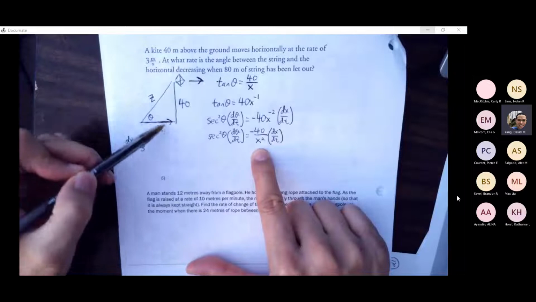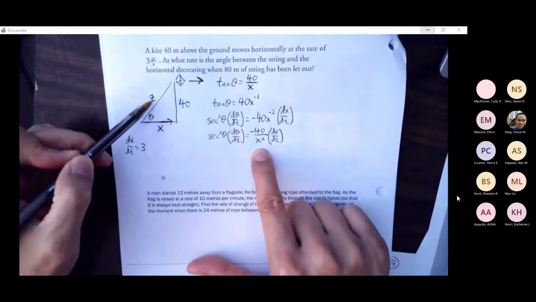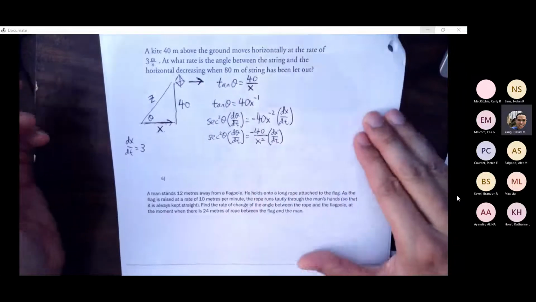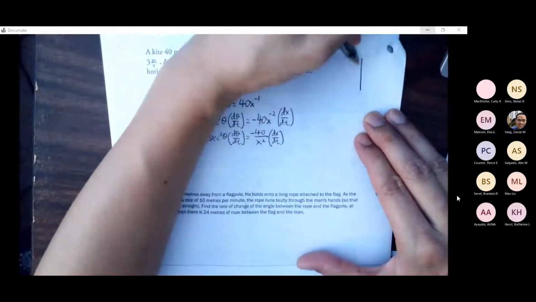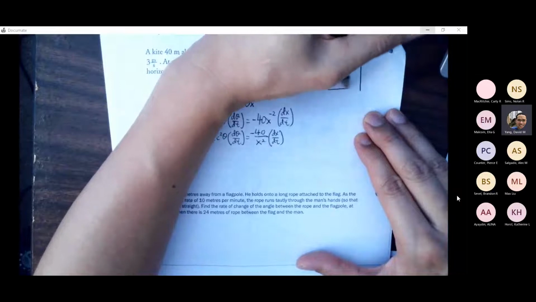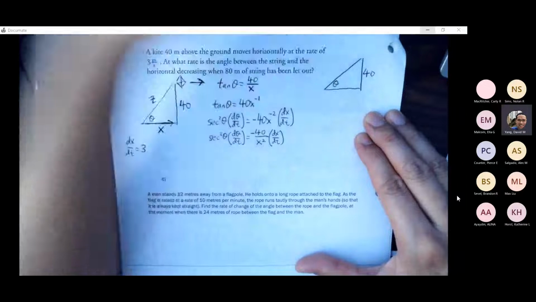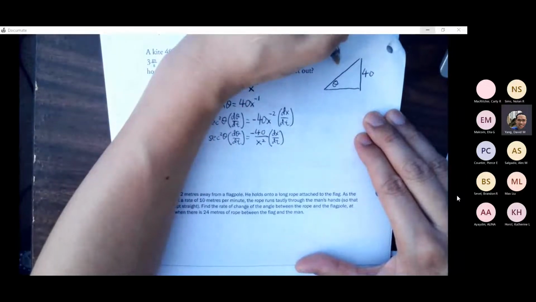But x is this moment in time when 80 meters of string is let out. So let me go to the side here and build my second triangle, so I can start filling in all my numeric values, since I'm going to need it for my x as well.